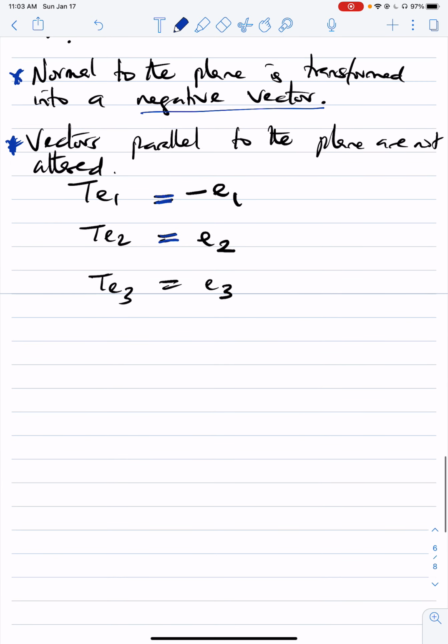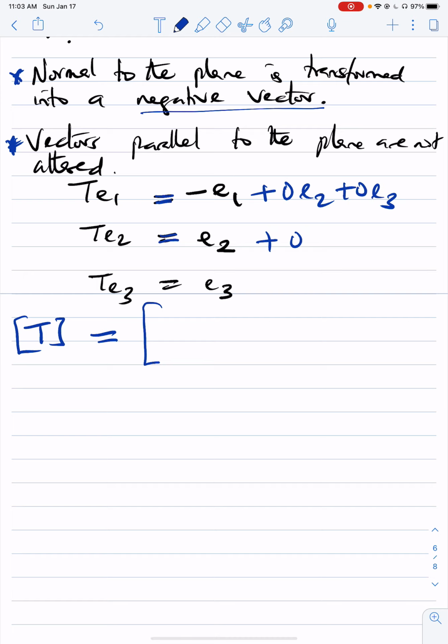So now, let's write the transformation matrix. If you remember in the last example, what we simply did was we took minus E1, plus 0E2, plus 0E3, they don't exist there, right?